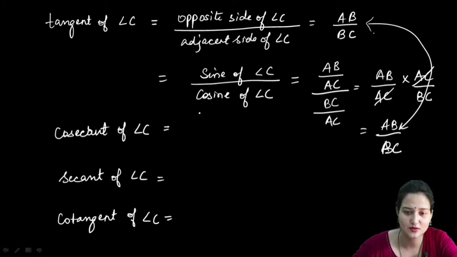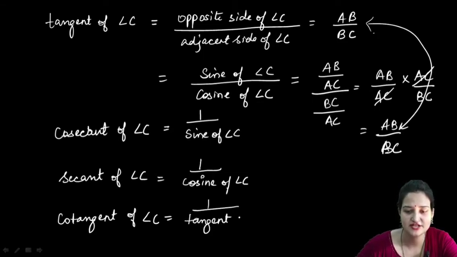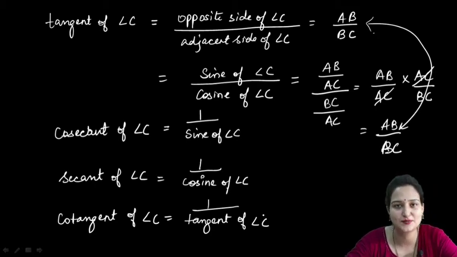We can write it down as 1 upon sine of angle C for cosecant, 1 upon cosine of angle C for secant, and the third 1 upon tangent of angle C for cotangent. These are the reciprocals of the first three trigonometric ratios.